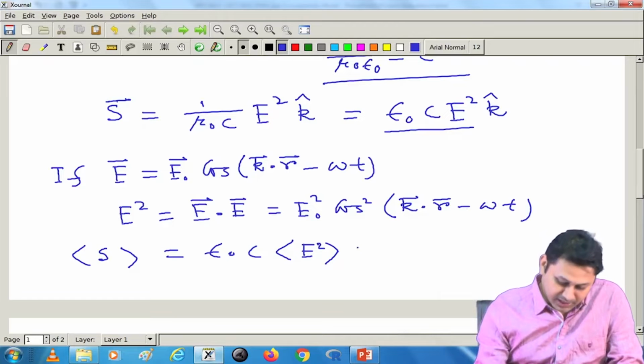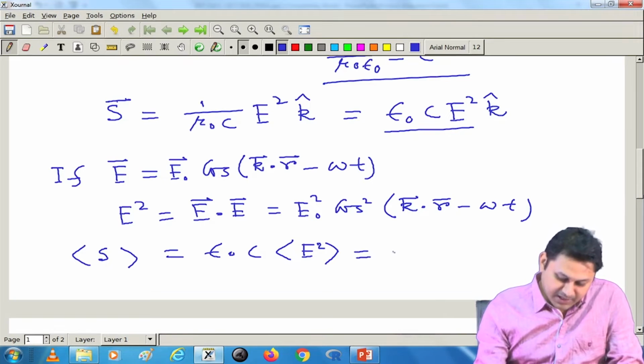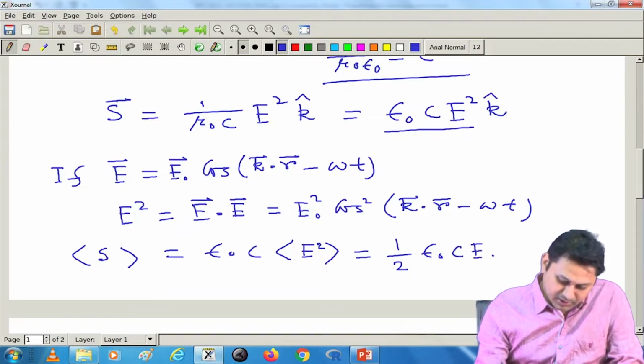If I do the average of cos square (k dot r minus omega t), I simply have a half, because we know the average value of the cos square term is half. So, eventually I have this quantity, which is my intensity.